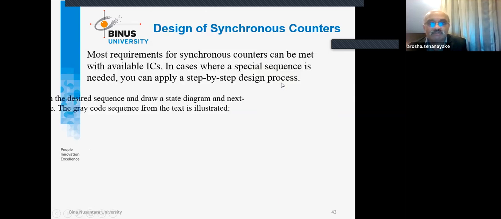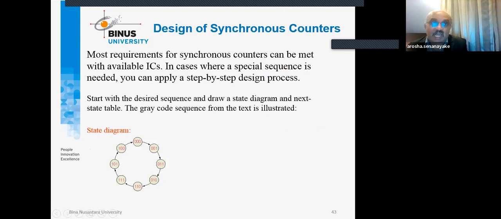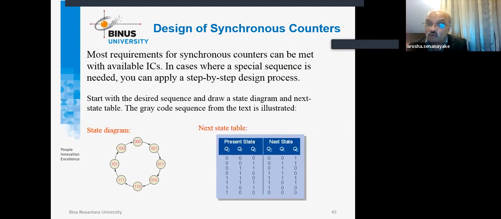Likewise, of course, you can design synchronous counters using a state diagram. I hope you would have familiarized yourself with this one. We would have done many exercises. In that case, if you look at the state table, the present state is 0, 0, 0. Then upon the clock pulse, we have to count to the next state.